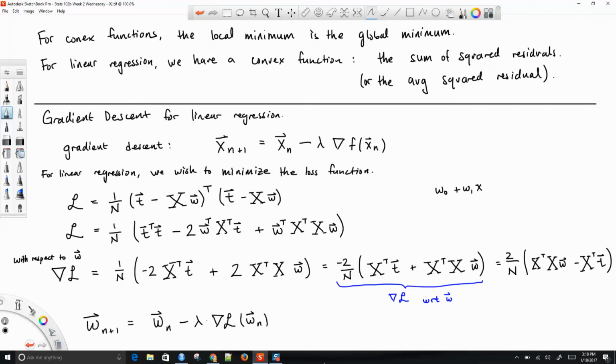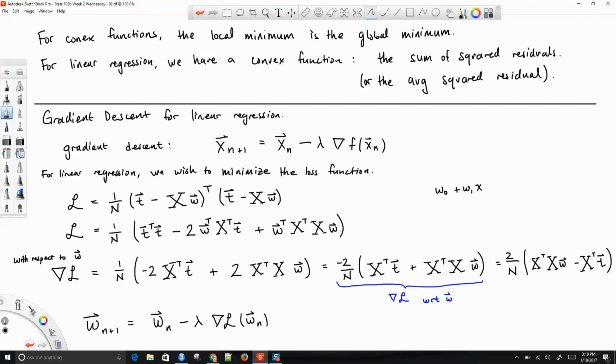Yes, question? Does it matter whether the W transpose is out front or W? I'm sorry, maybe I don't understand your question. In the last term, the W transpose X W, does it matter which W? I don't think so. Let me think.